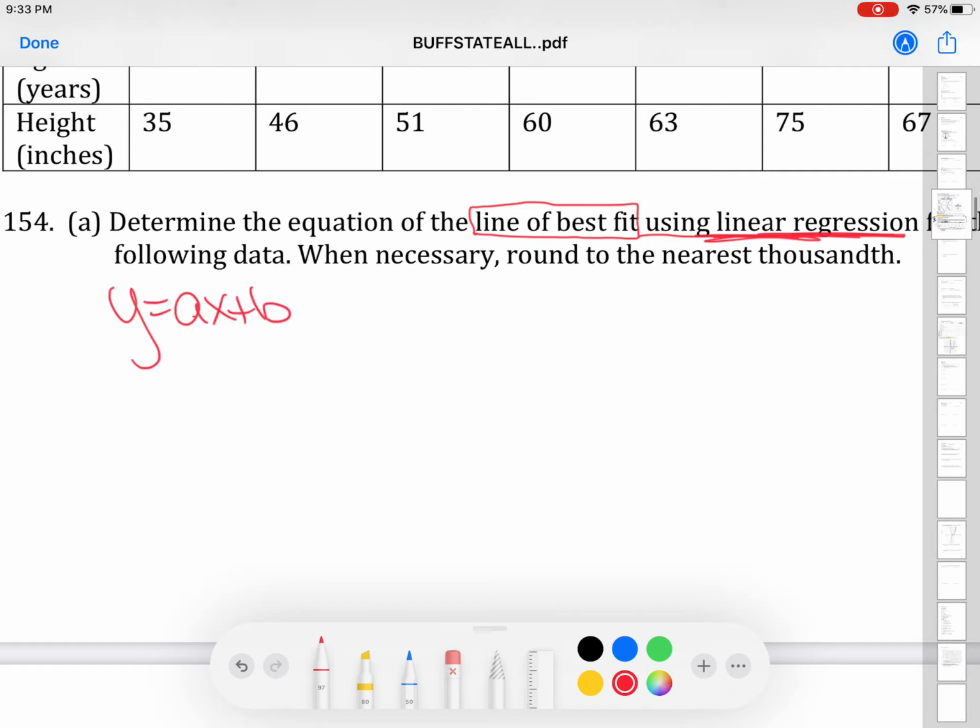What I want you to do is copy that information down. So y equals ax plus b, and then a is that long decimal, then b is 33.